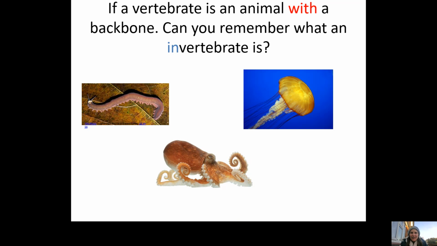So if a vertebrate is an animal with a backbone, can you remember what an invertebrate is? I've got some pictures there to remind you, and I'm going to give you about 20 seconds to either have a little think, jot it down if you've got pen and paper, or if there's someone else in the room with you, you can talk to them about it.